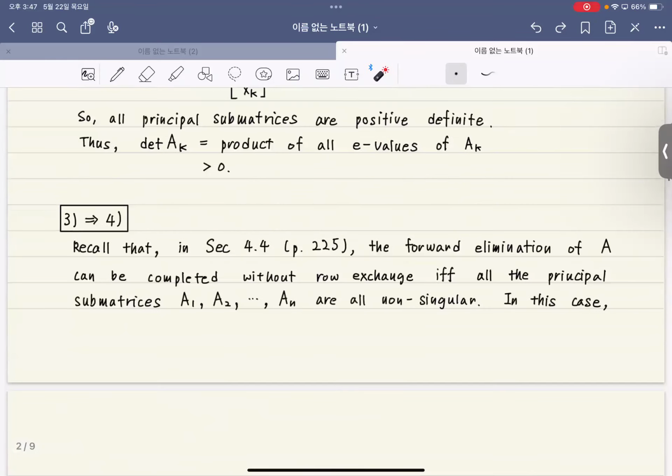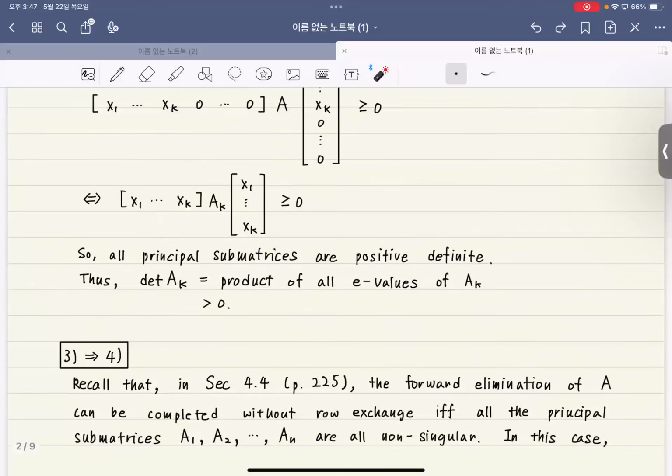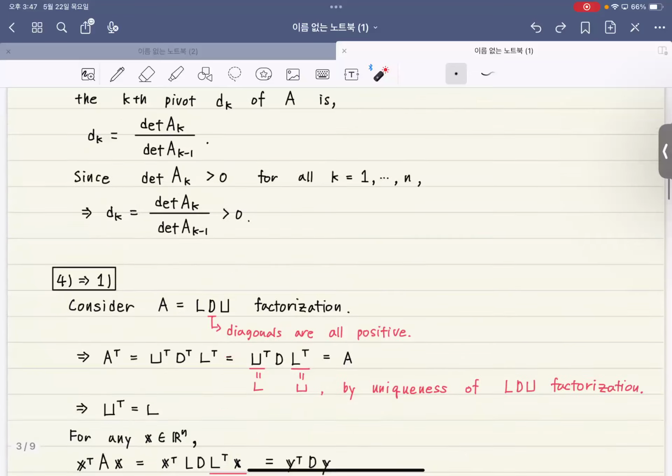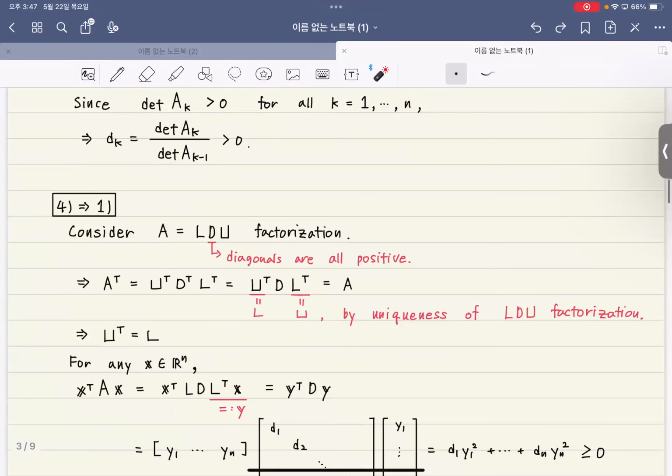And finally, from number 4 to number 1. Because of the assumption from number 4, A has forward elimination without row exchange. That means A allows the LDU factorization.